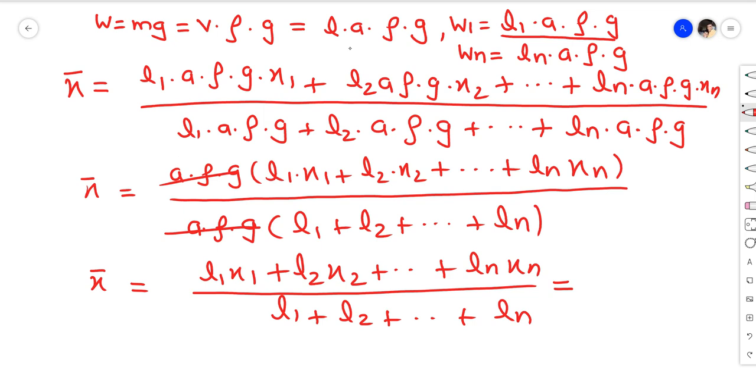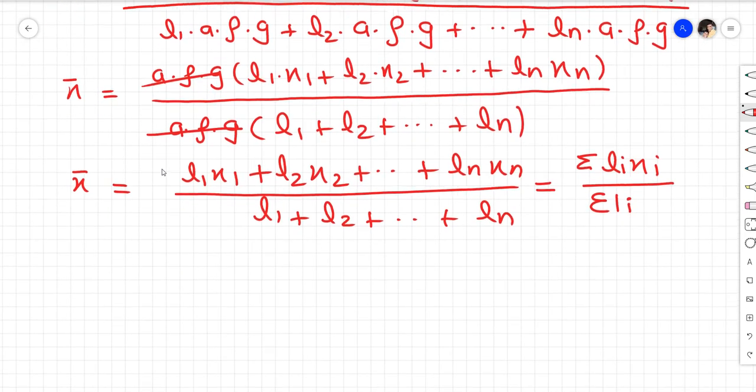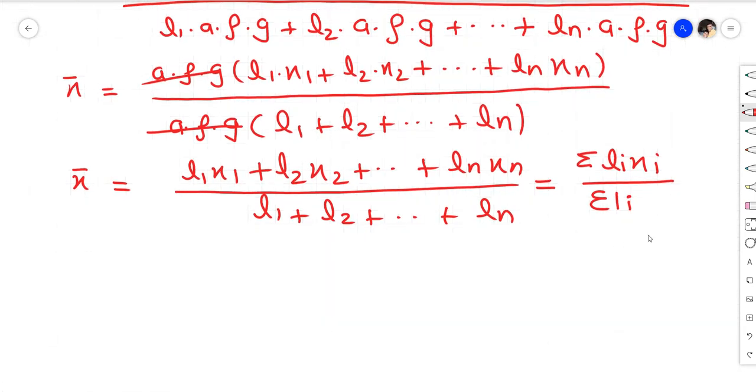So we can write this formula like this also: sigma of Li xi divided by sigma of Li. Okay, again if I write this formula in integration form, we can write x bar is equal to integral of x dl by integral of dl.